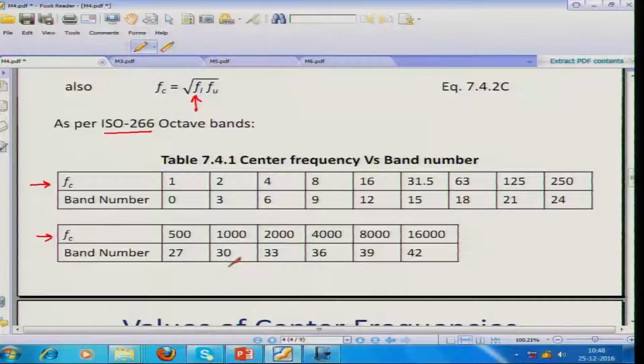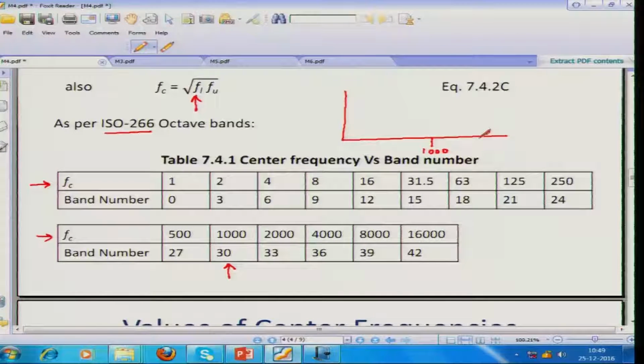So, let us consider this band, band number 30. Let us plot its central frequency. This is the central frequency, 1000 hertz.